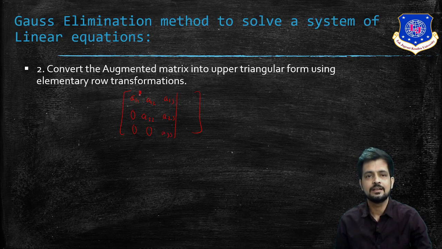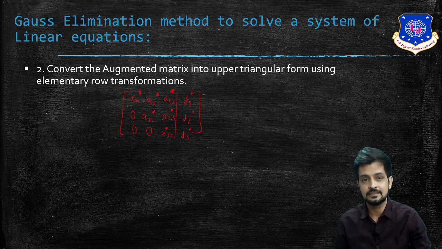I am writing them with a star because all these values will be changed, and here D1, D2, D3 will also be changed. So I can write D1 star, D2 star and D3 star. In this way I have converted this augmented matrix into upper triangular form using elementary row transformations.